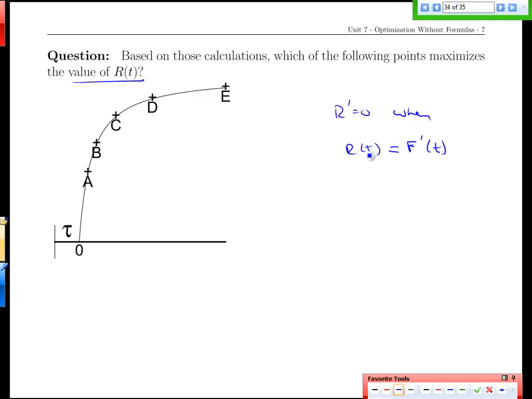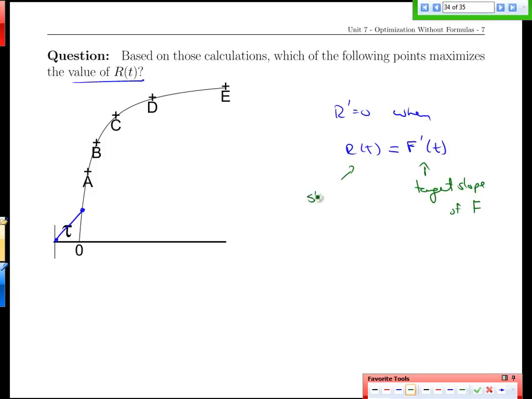Okay, r of t is the slope of the line connecting here to a point on the graph. f prime of t is the instantaneous slope, or the tangent slope of f.